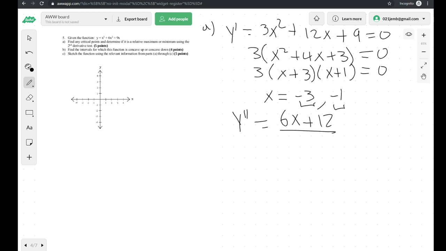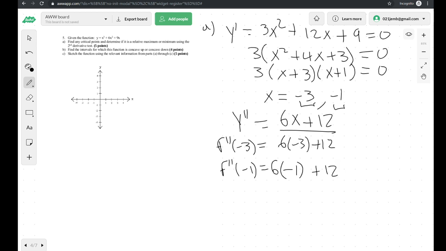So we want to find f double prime of -3, and we also want to find f double prime of -1. That's going to get you 6 times negative 3 plus 12, and 6 times negative 1 plus 12. Now, this is going to give you negative 18 plus 12, which is negative 6, and this one's going to give you 6. A negative number and a positive number.